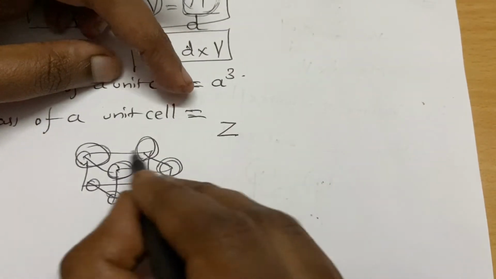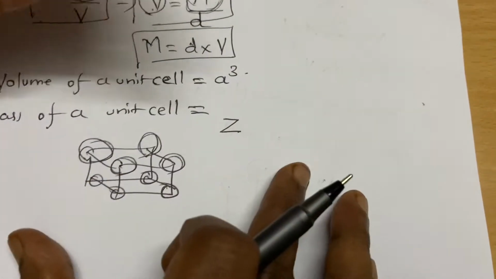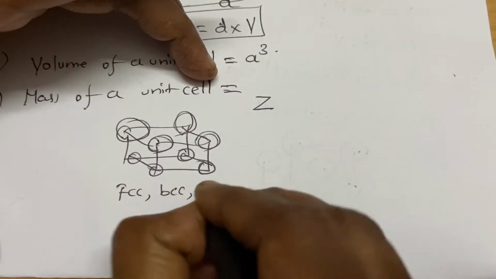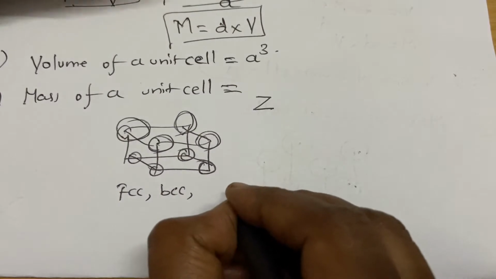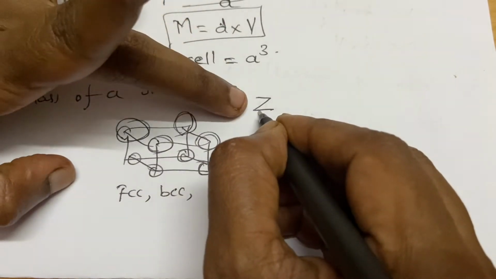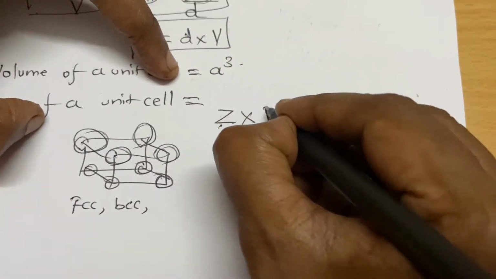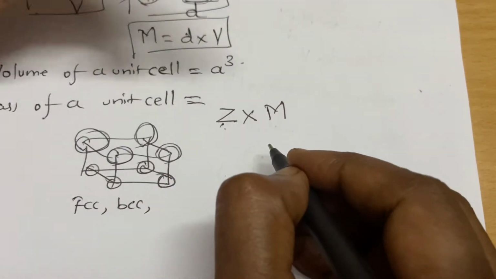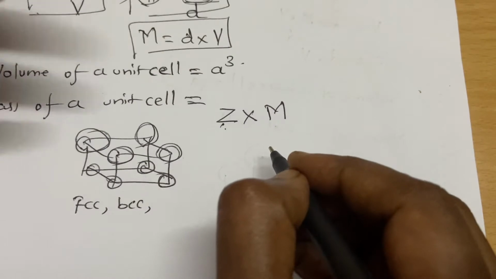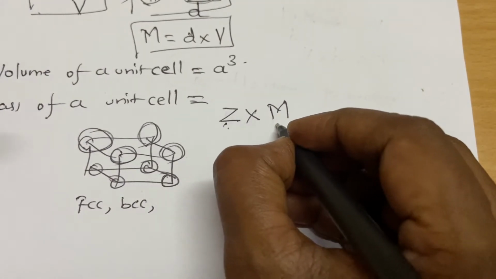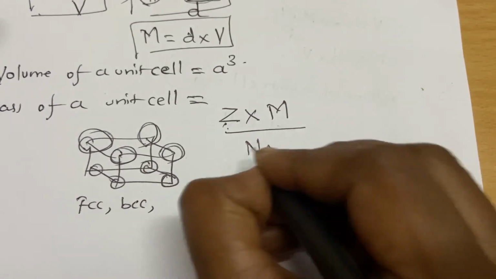So how many atoms are present in a particular unit cell? You need to know the type of the unit cell, whether it is FCC, BCC or HCP. That gives you the number of atoms present in it, into the molar mass of that atom or molecule, that is the atomic mass of the atom or the molecular weight of the molecule, divided by Avogadro number.